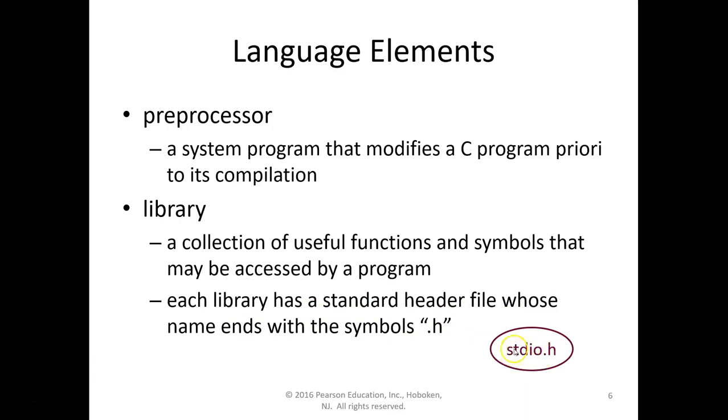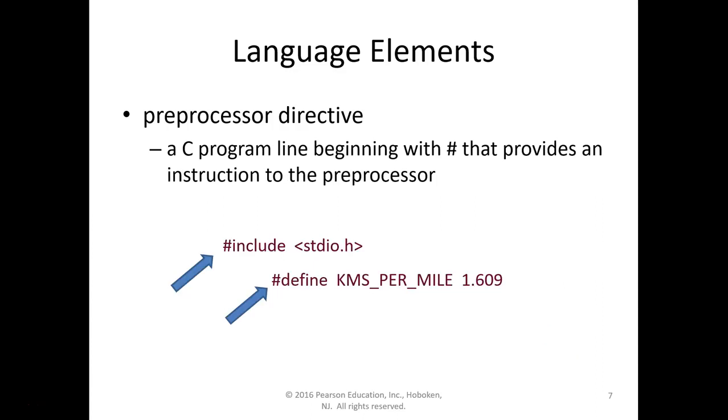So when you do this, those functions are imported so that you can use it, like print and so on. But we're gonna see. So this is an example here. So preprocessor, a C program line begins with pound sign. It kind of provides an instruction to the preprocessor.